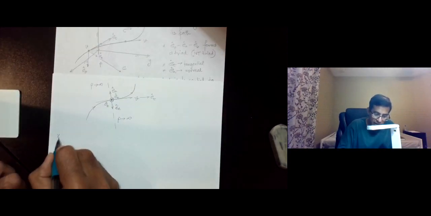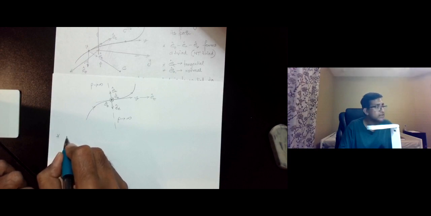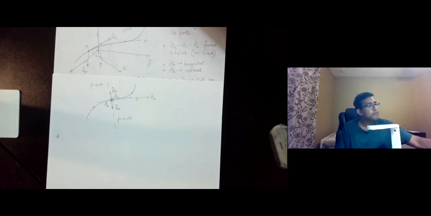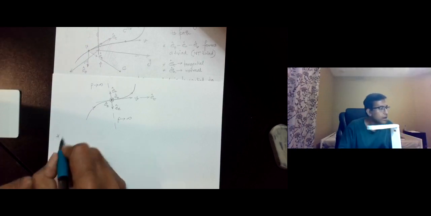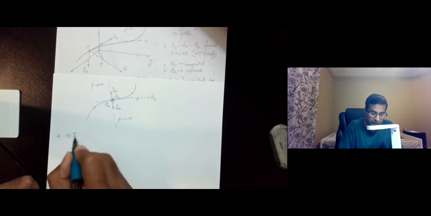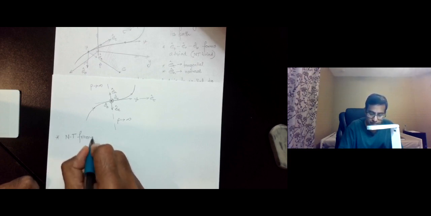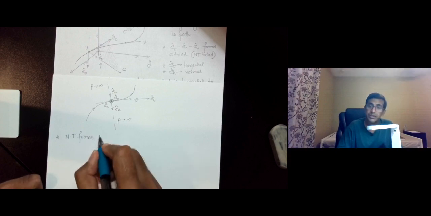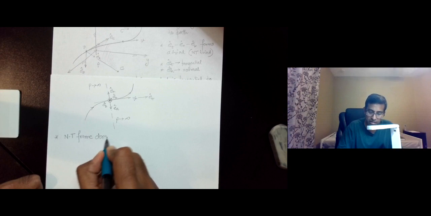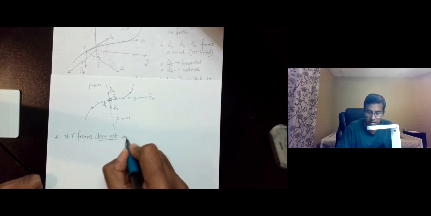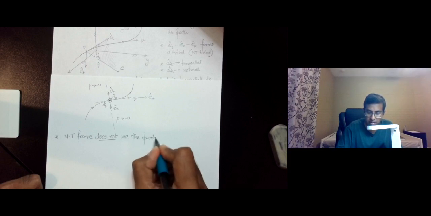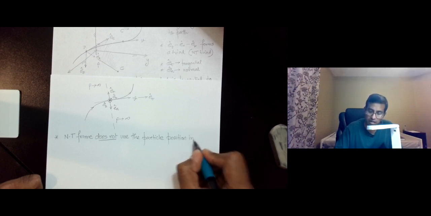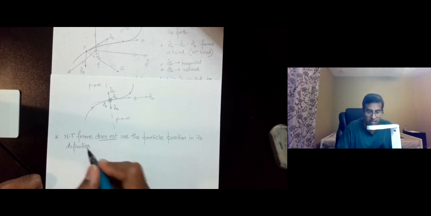Another feature of the normal tangential coordinate frame is that the NT frame does not use the particle's position in its definition. So the position does not show up in the definition of this coordinate frame at all.